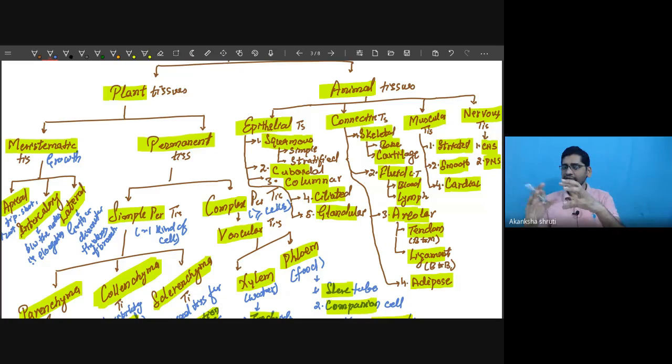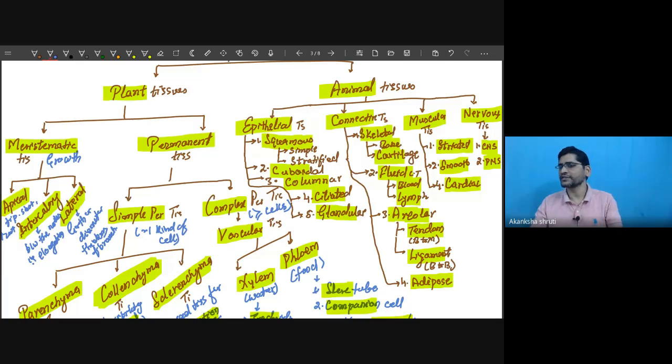After rubbing, they get peeled off, or their size may vary, or their atoms may get destroyed. So for a smooth movement or connection of bones one over the other, there is ligament between the two bones. Next one is adipose.